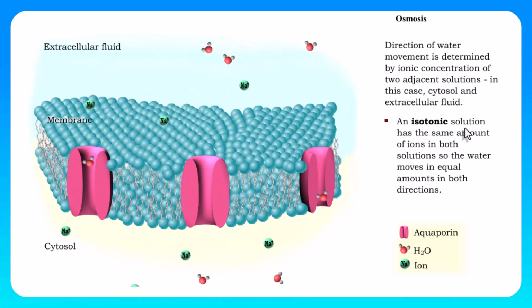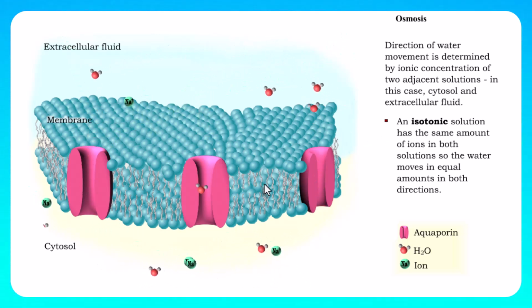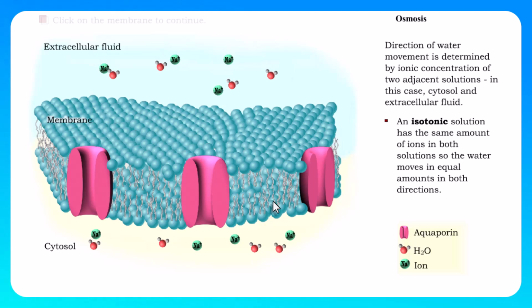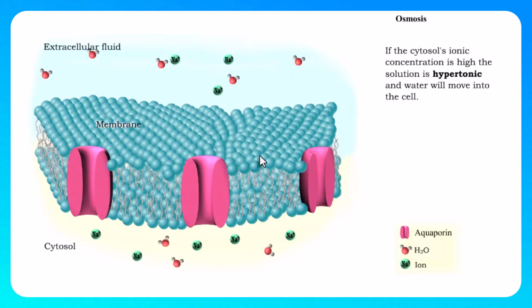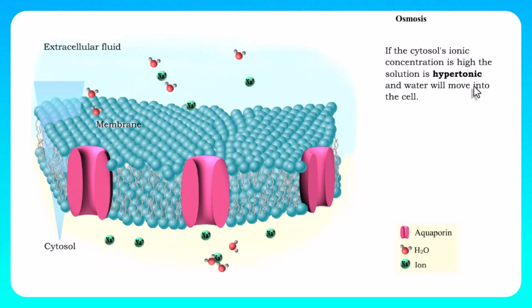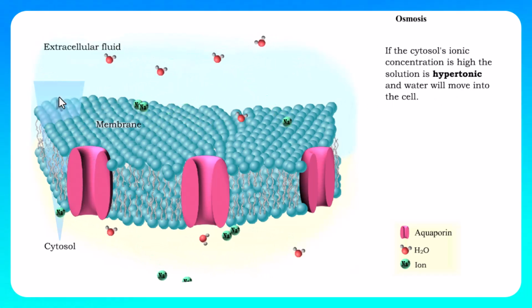The direction of osmosis depends on relative concentration of solutes in the cytosol and extracellular fluid. If the ion concentration is the same on both sides, then the water moves in equal amounts in both directions.